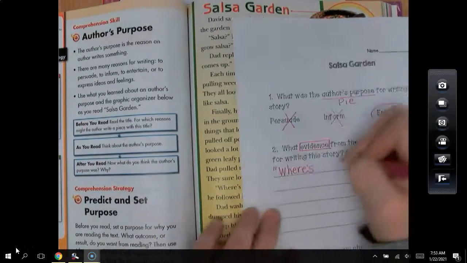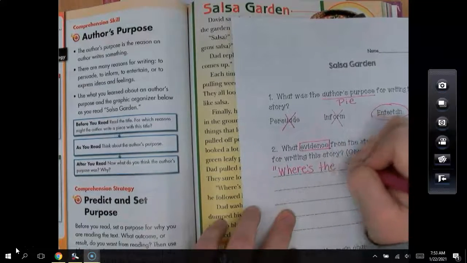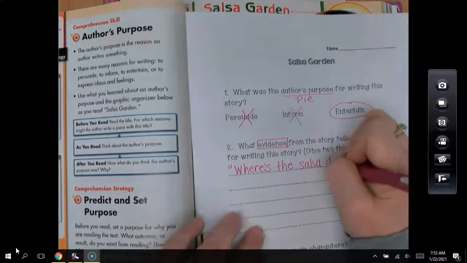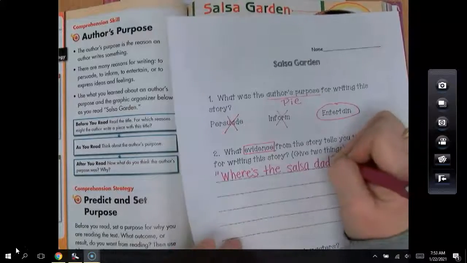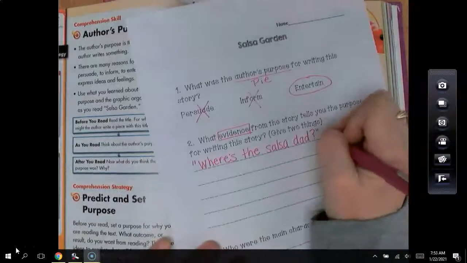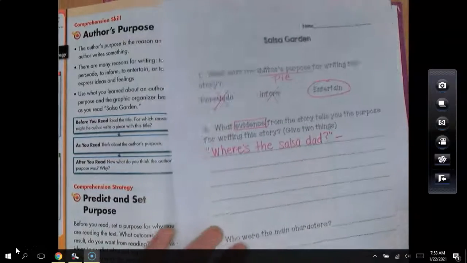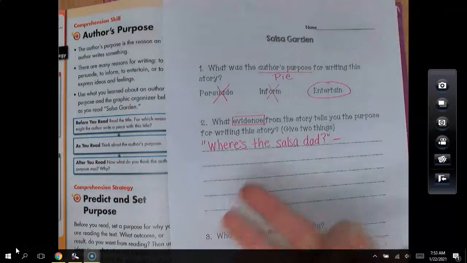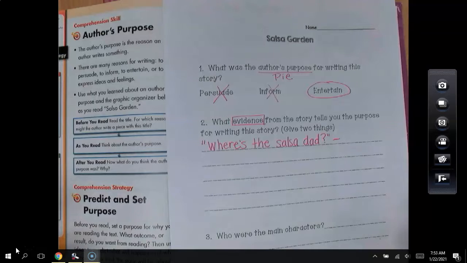"Where's the salsa, Dad?" Okay. And then I'm going to have to explain myself. Okay. I'm going to have to explain why I wrote, "Where's the salsa, Dad?"